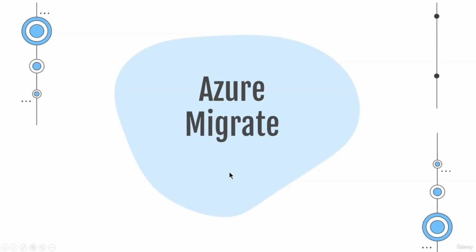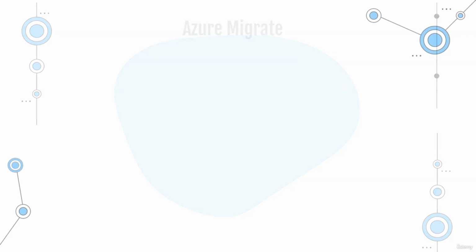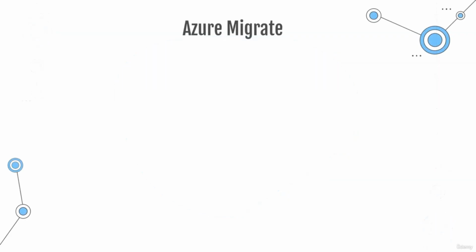One of the big concerns companies have before they go to the cloud is the question, how complicated is the migration process? How complicated is it to replace all of our resources in our data center with resources in the Azure cloud? And obviously, Azure wants to make it as easy as possible for companies to migrate all of their resources.